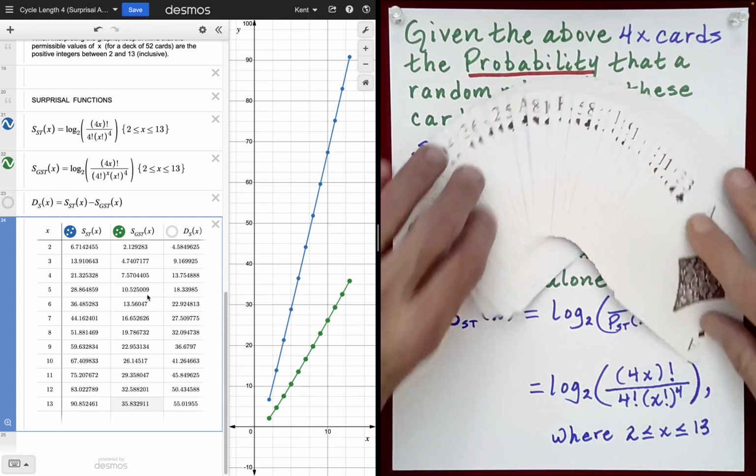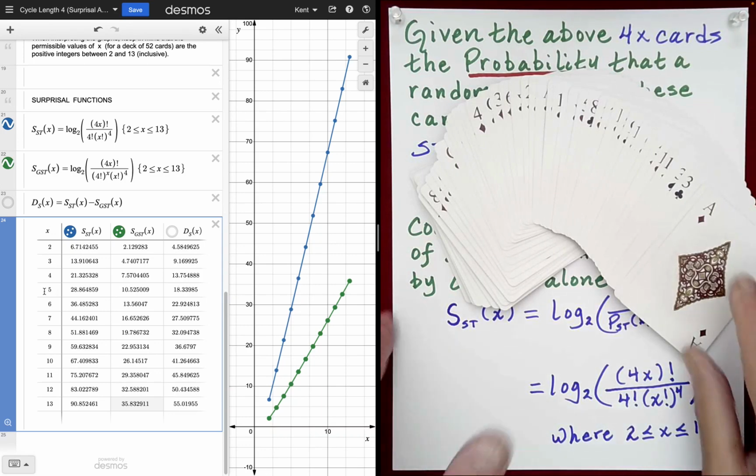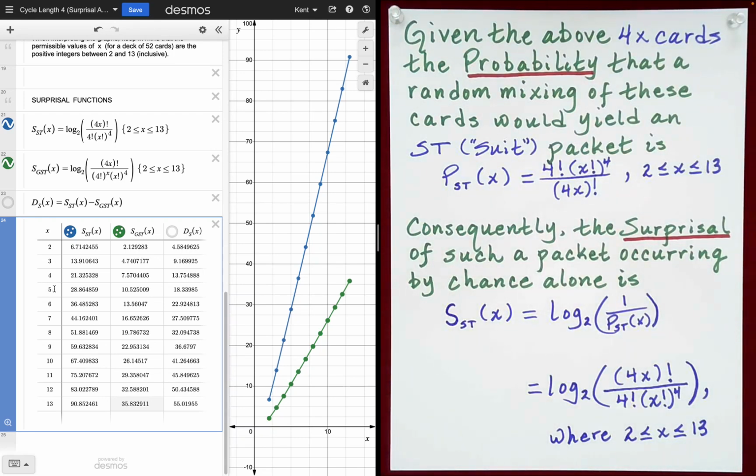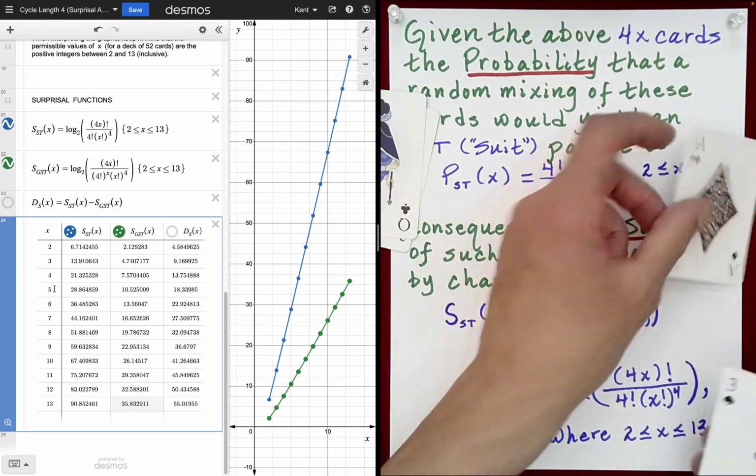Okay, so here, for 10 bits of Surprisal, we're looking at an X value of 5. Remember, 5 is indicating how many clubs, hearts, spades, and diamonds you're using. So we multiply the 5 by 4 to get the total packet size. So we're looking at 20 cards, okay? So I need 5 clubs, 5 hearts, 5 spades, and 5 diamonds.